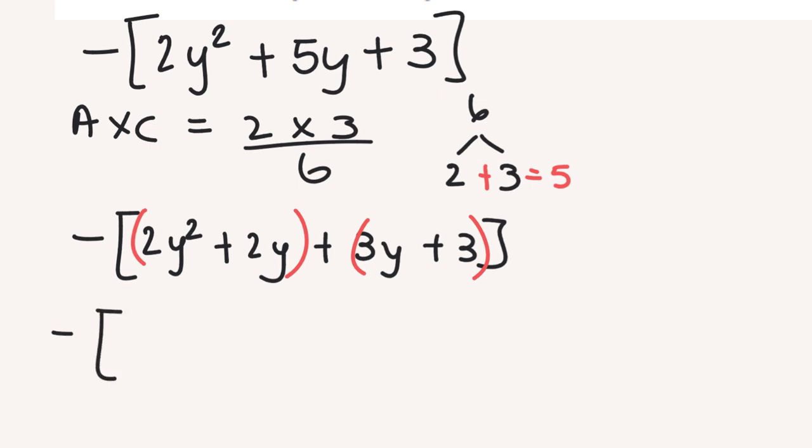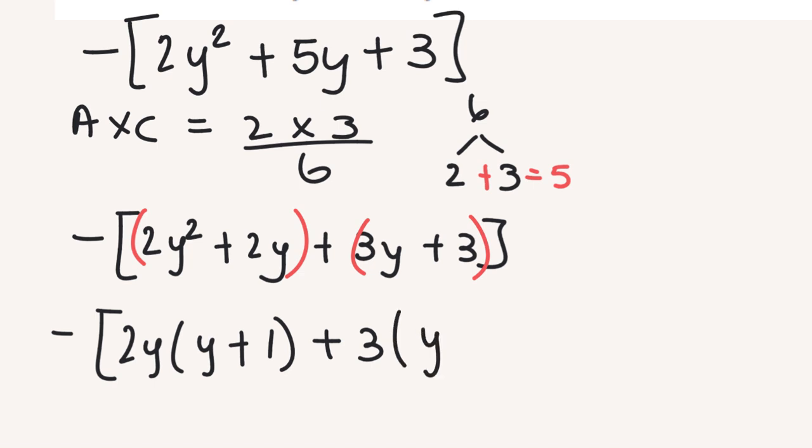To factor, I could factor 2y here. Inside I'm left with y plus 1 plus, could factor out with 3, correct? So inside I'm left with y plus 1. Remember why 1? Because when you distribute, that becomes 3. 2y times 1 gives you 2y. You just do not write 0 or leave it blank.